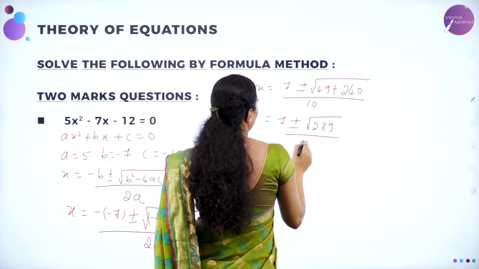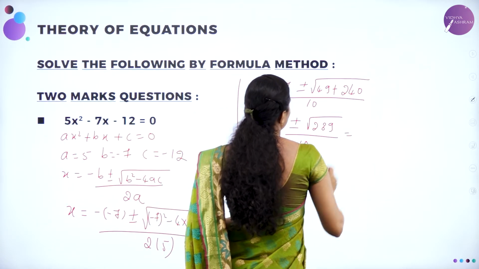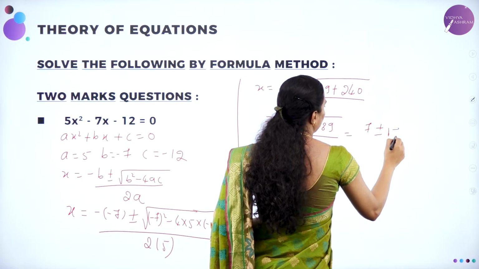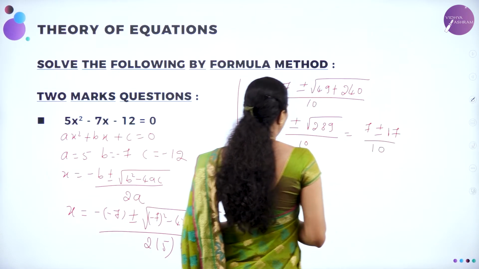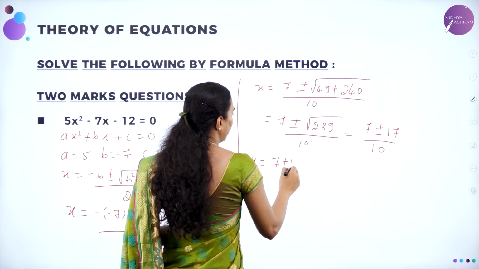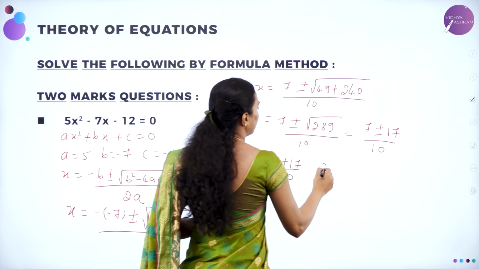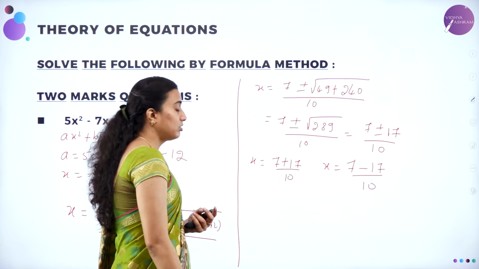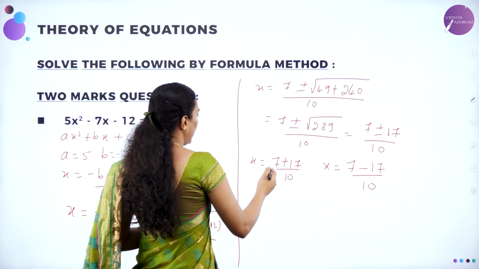Dear students, square root of 289 gives you 17. 7 plus or minus 17 divided by 10. So one root will be x is equal to 7 plus 17 divided by 10. Another root is x is equal to 7 minus 17 divided by 10. 17 plus 7 is nothing but 24.